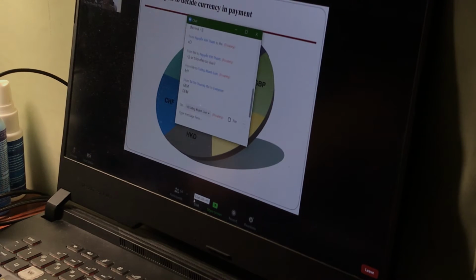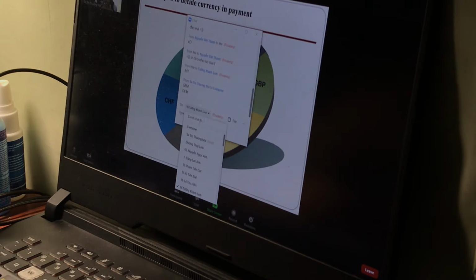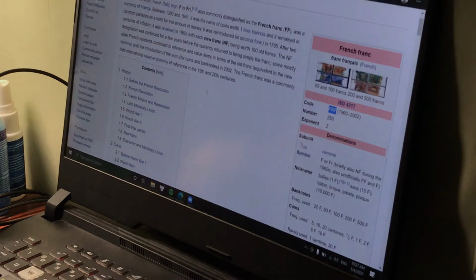GEM is the currency of East Germany, and DEM is the currency code of West Germany. Okay, can you explain the abbreviation? What does GEM stand for? What does DEM stand for?